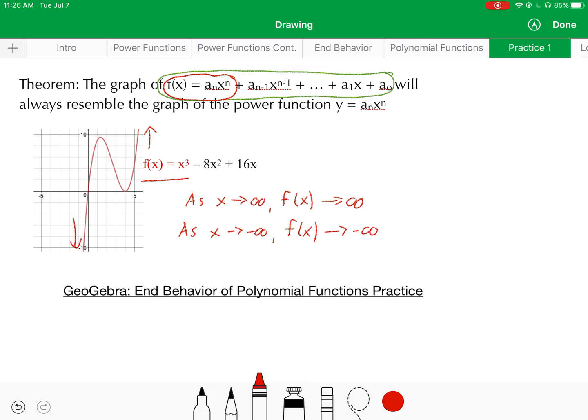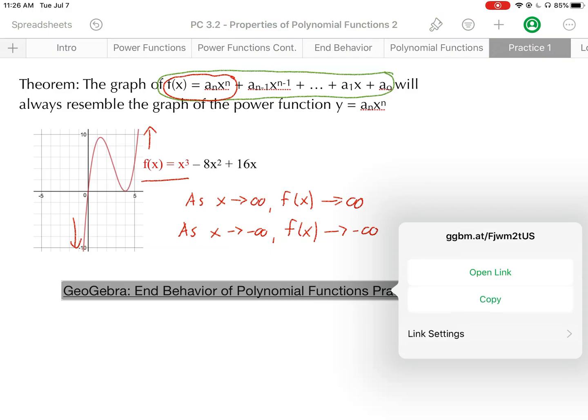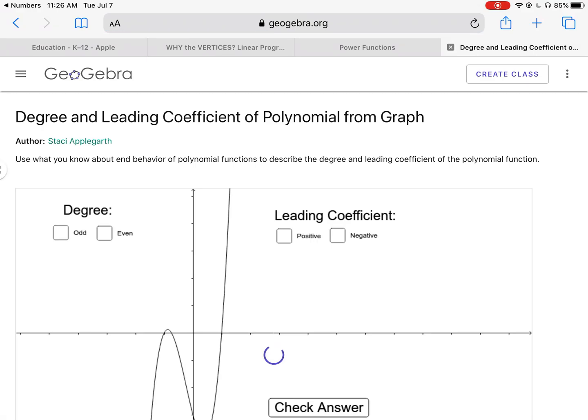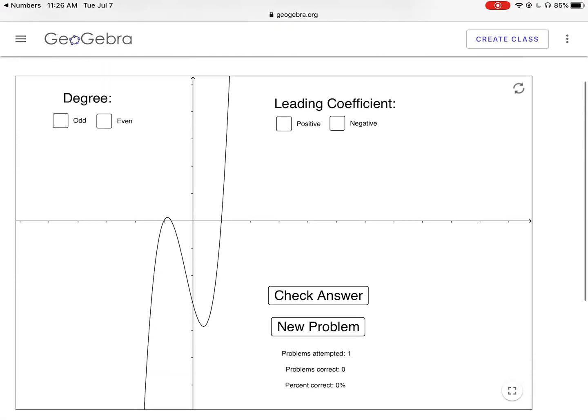Okay? So let's apply that theorem to this GeoGebra practice that's linked here. What you're going to see here is we've got a polynomial function's graph given to us. And based on the graph, we need to determine whether the degree of that function is an even degree or an odd degree, and then whether the leading coefficient is positive or negative.